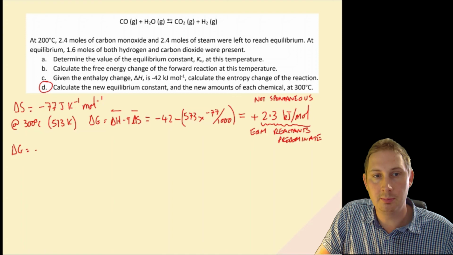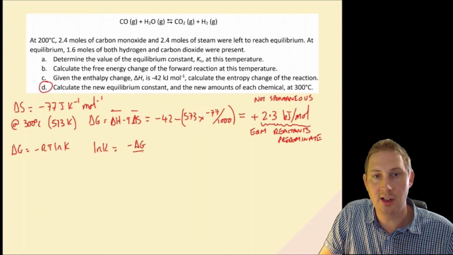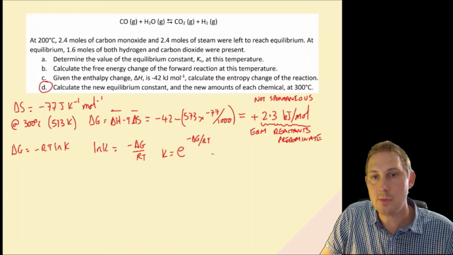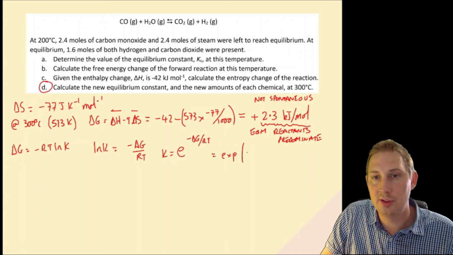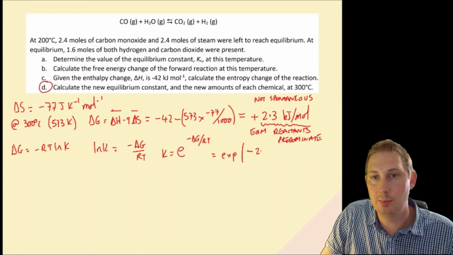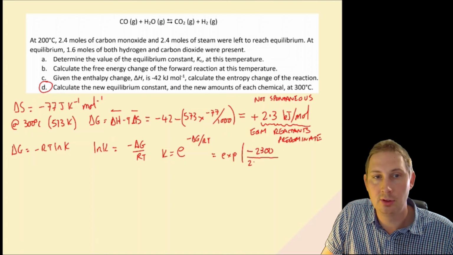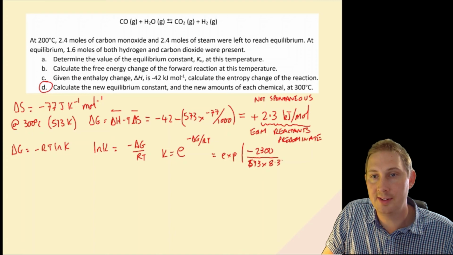If delta G equals minus RT natural log of K, we can rearrange that to say that natural log of K is minus delta G over RT, and therefore K equals e to the minus delta G over RT, which equals exponential of minus, let's put this all in joules, minus 2,300 or so, divided by R times T, 573, like that.